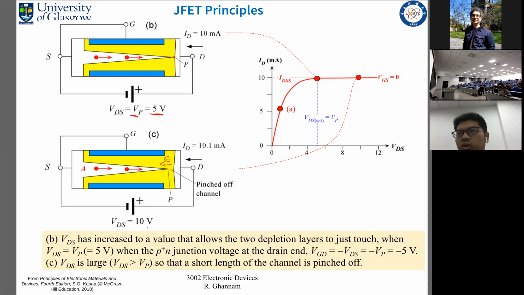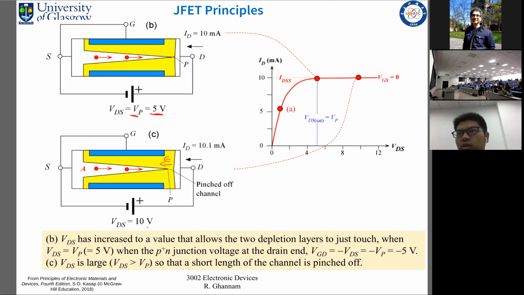And similar to a BJT, when we continue to increase the voltage between the base and the collector, this reverse bias voltage increases the strength of the electric field. And by increasing the strength of this electric field, we are able to attract, we are able to pull more electrons.